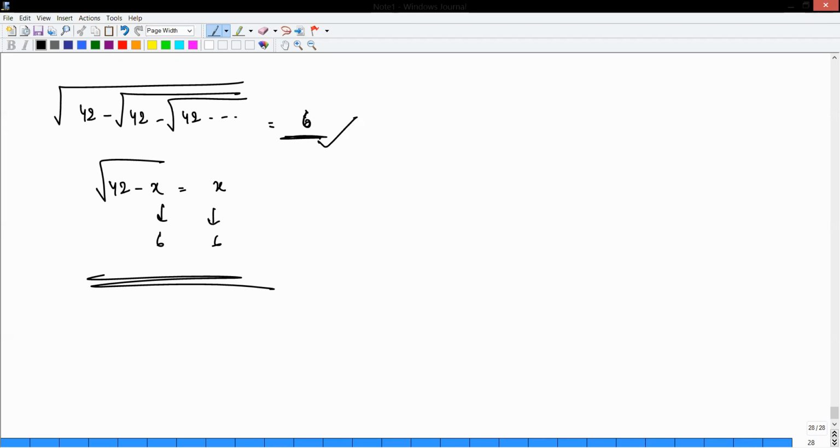Root of 36 is 6. If it is not in the form of n into n plus 1, you just need to solve a quadratic equation, that's all.